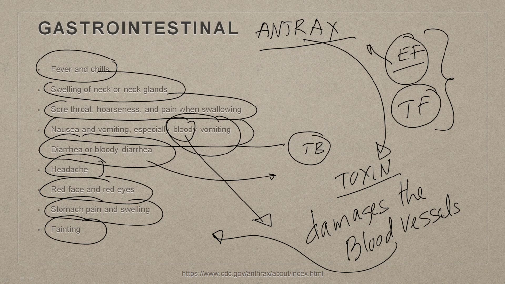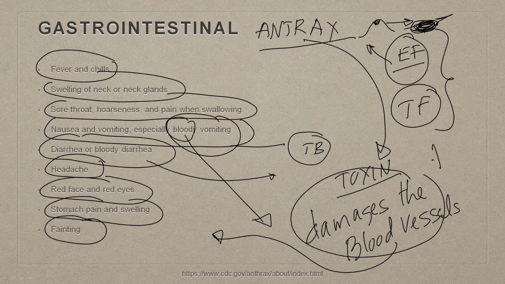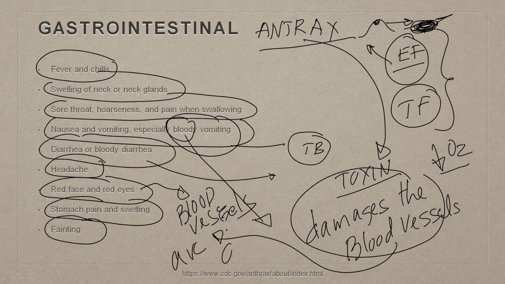So we have already seen the situation when there is a swelling first of all, and then there is a black spot in the center, and then this whole thing becomes black, stage 2. Okay. And they damage the blood vessels, they reduce your oxygen, and of course red face and red eyes, because blood vessels are dilated.